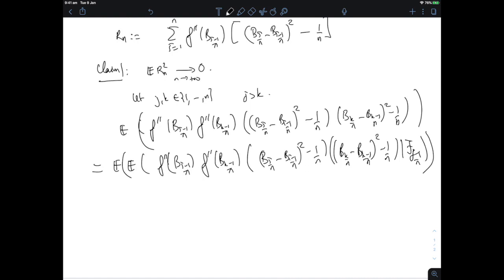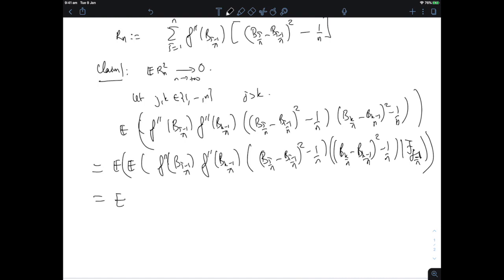Now, what does that give me? Remember, I have a continuous function of the Brownian motion with f'', and j is greater than k. So a lot of these things are F_{(j-1)/n} measurable. But this one isn't, because it involves B_{j/n}, which is not F_{(j-1)/n} measurable.